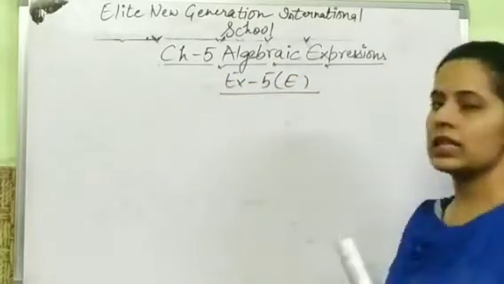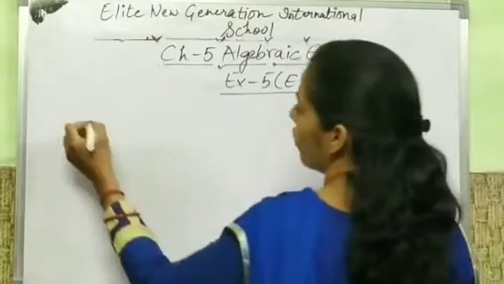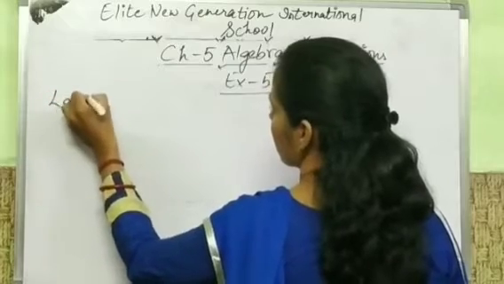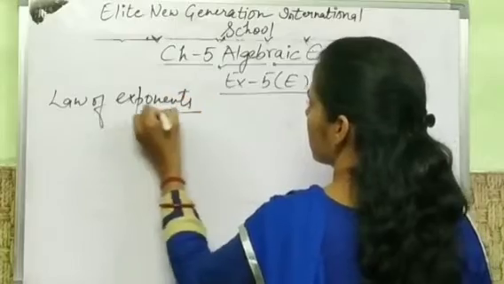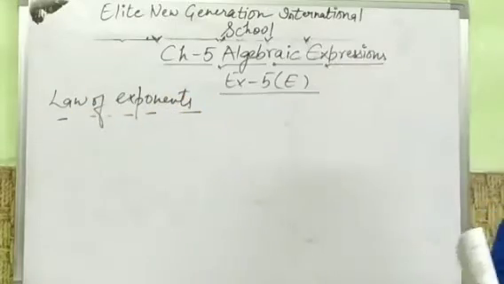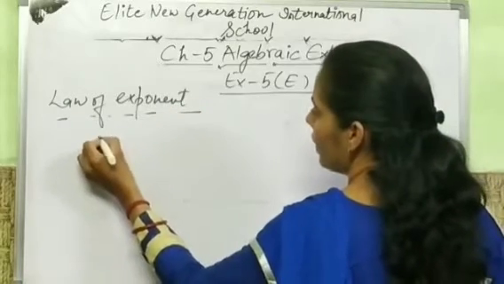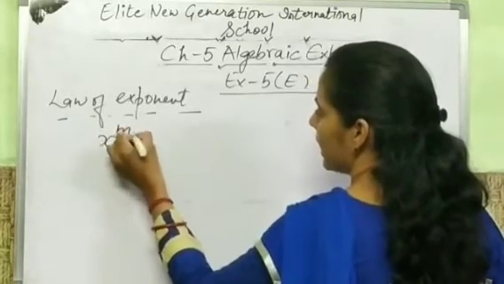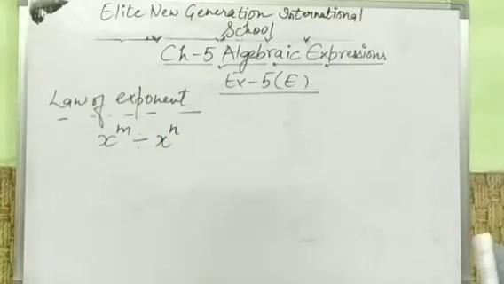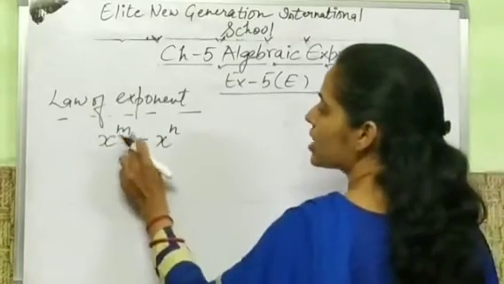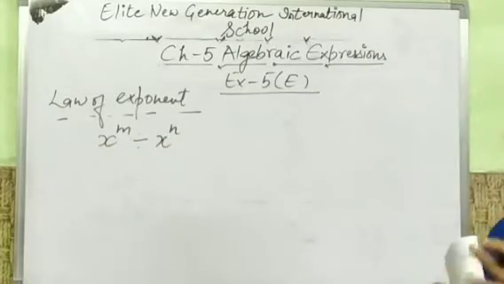But for this exercise, first of all, let's recall the third law of exponent. What is the third law of exponent? Because we have to use it. The law of exponent is when two exponential quantities are dividing, with exponents m and n but the same base.